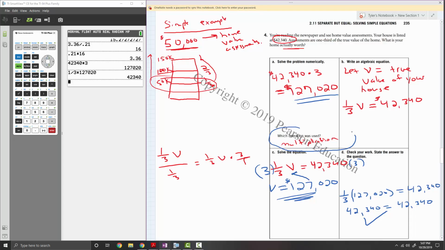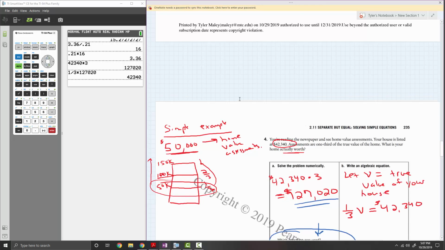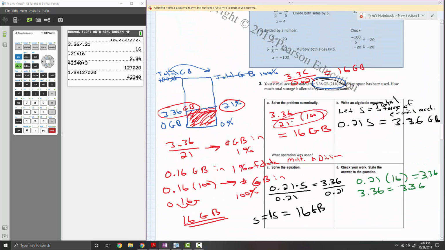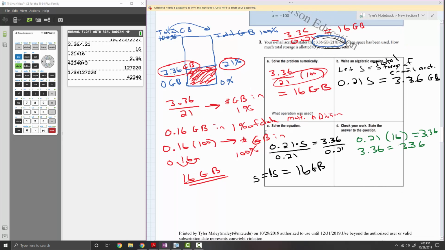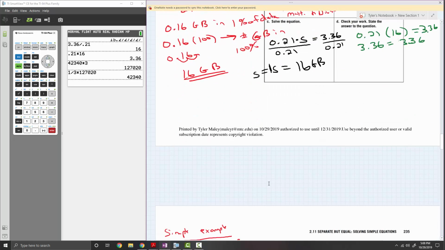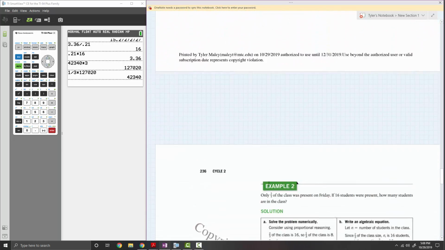And one thing, if you haven't noticed, the reason why this step is here is just to get us to notice the step we use to solve the problem numerically is also the operation that we use to solve the equation, right? Or roughly speaking. The last time, maybe it wasn't quite as obvious because we divided and multiplied, but I was showing you how you could do the whole thing with just dividing, which is what we did in the equation, right?